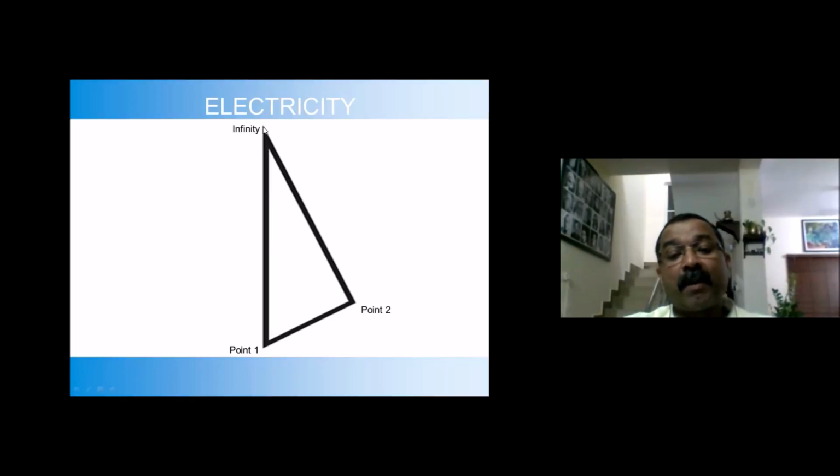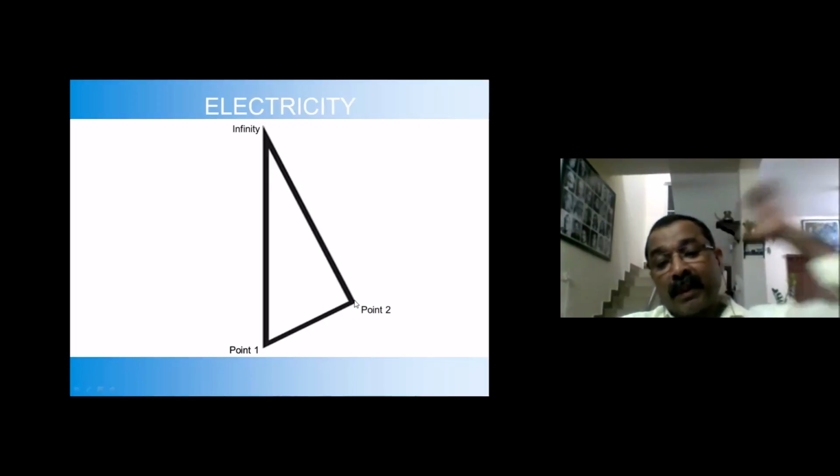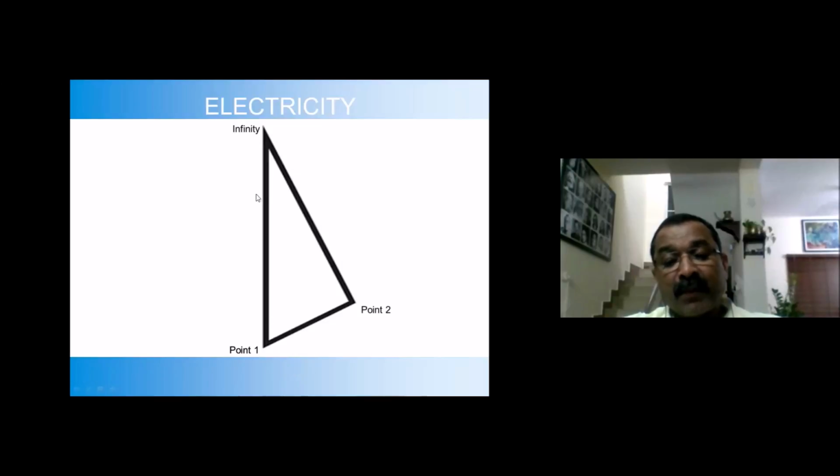So infinity is the common point here. But basically, we are interested in the potential difference between point 1 and point 2.